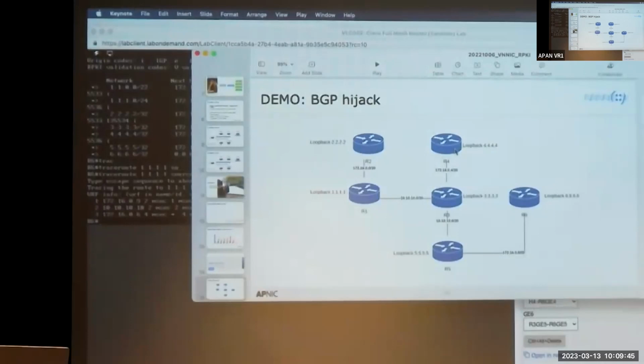So this is just a demo I wanted to show you. This is one of the things that you could easily do if there were no filtering in place. You could just grab someone's prefix and announce it over the internet, and it would get hijacked. But nowadays many networks are doing a lot of filtering on their AS routers so that this kind of mishap doesn't happen.